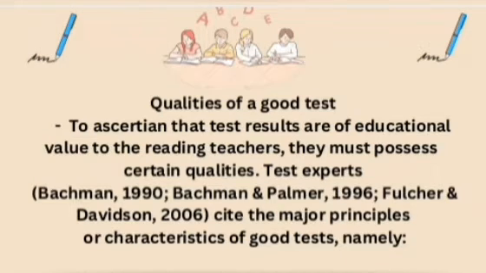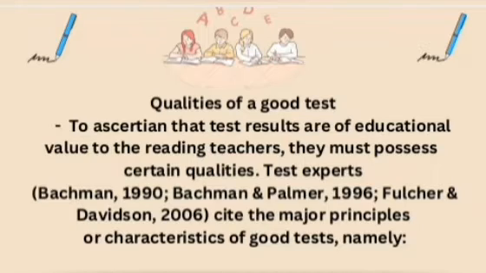Qualities of a good test. To ascertain that test results are of educational value to the reading teachers, they must possess certain qualities. Test experts Bachman 1990, Bachman and Palmer 1996, and Fletcher and Davidson in 2006 cite the major principles or characteristics of a good test.